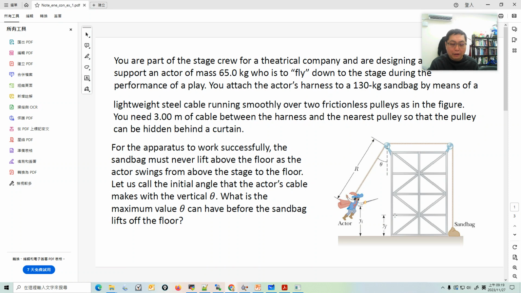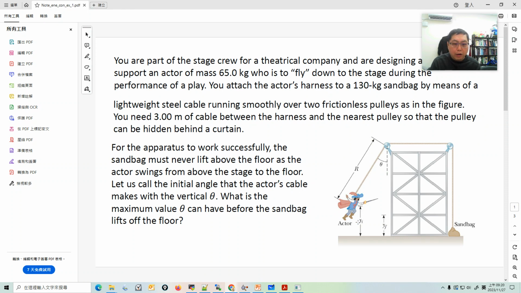So back to this problem. The actor doesn't want the sandbag to lift up when he swings from I to F, and he wants us to calculate the maximum angle theta for the actor to complete this process.